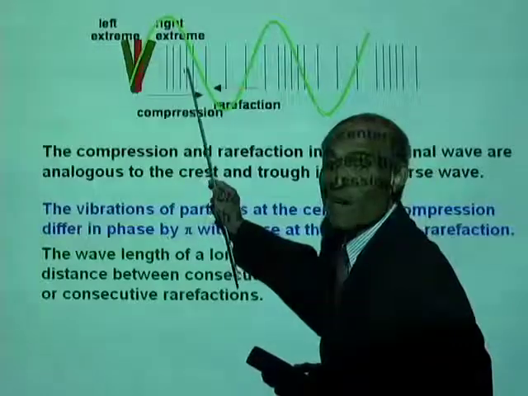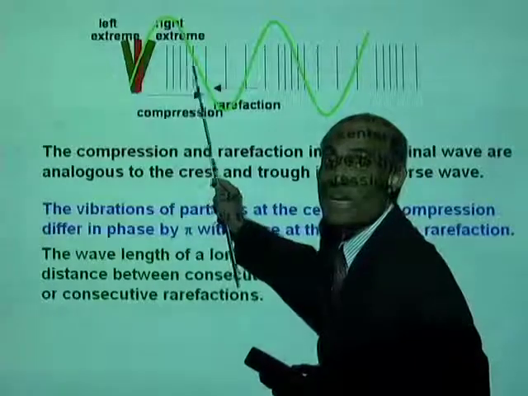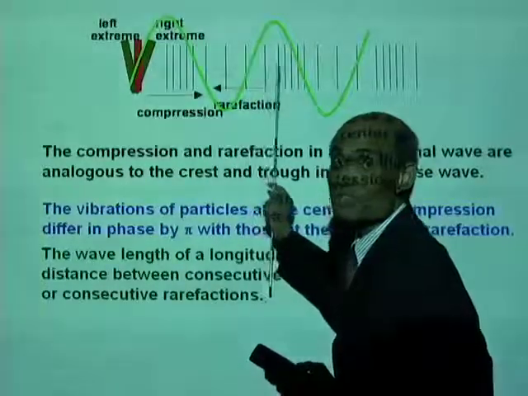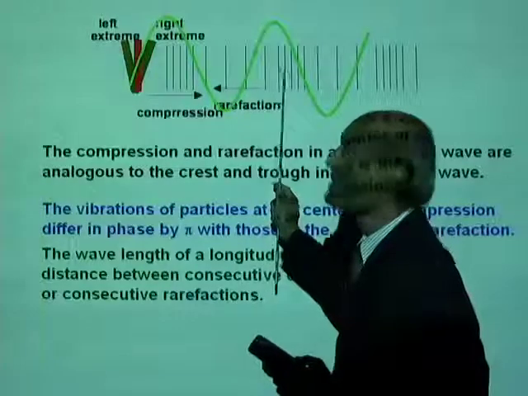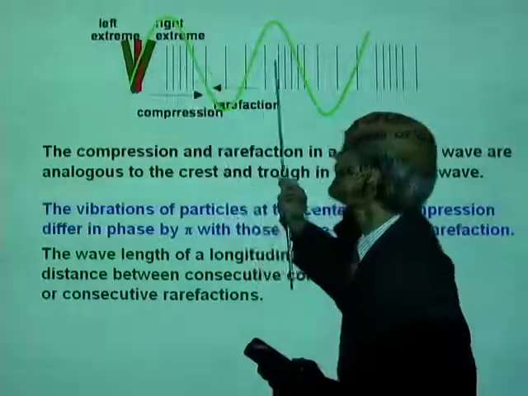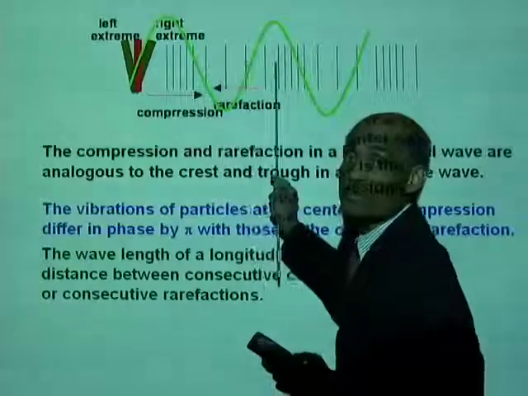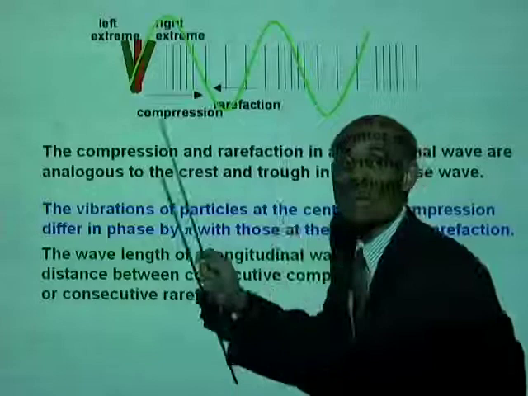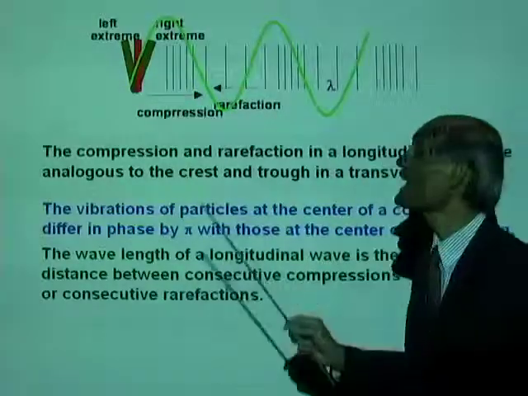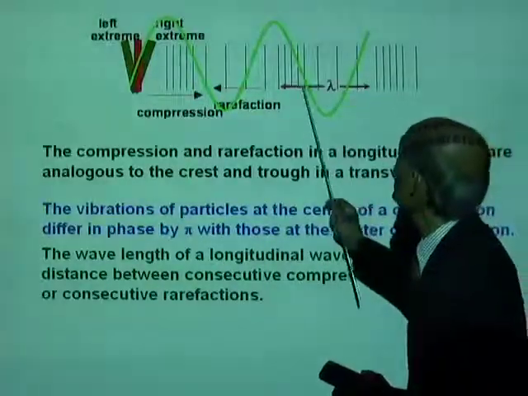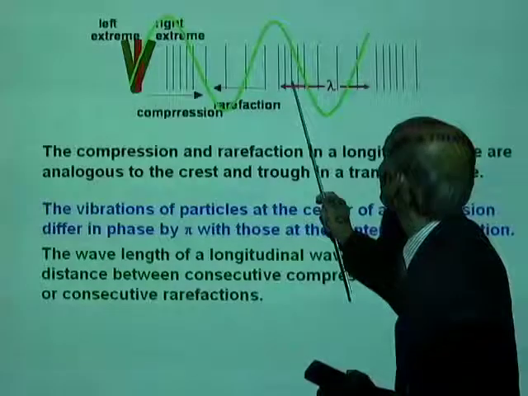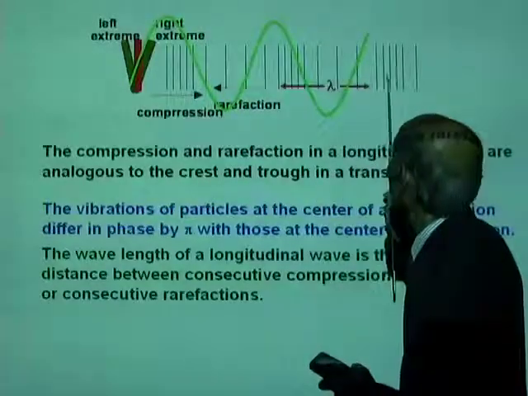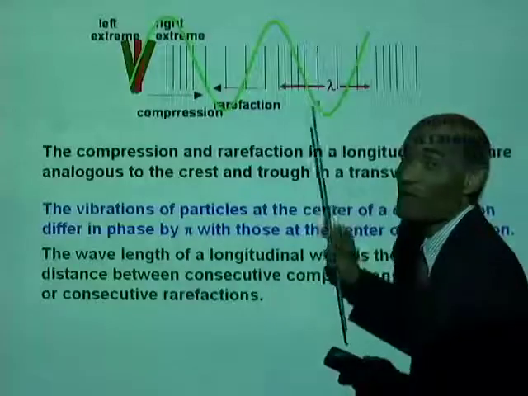So to find a particle that is in the same phase, you've got to go to the center of the next compression. So the distance between the centers of compression or the distance between the centers of rarefaction is a wavelength. So wavelength is the distance between the center of a compression and the center of the other compression.